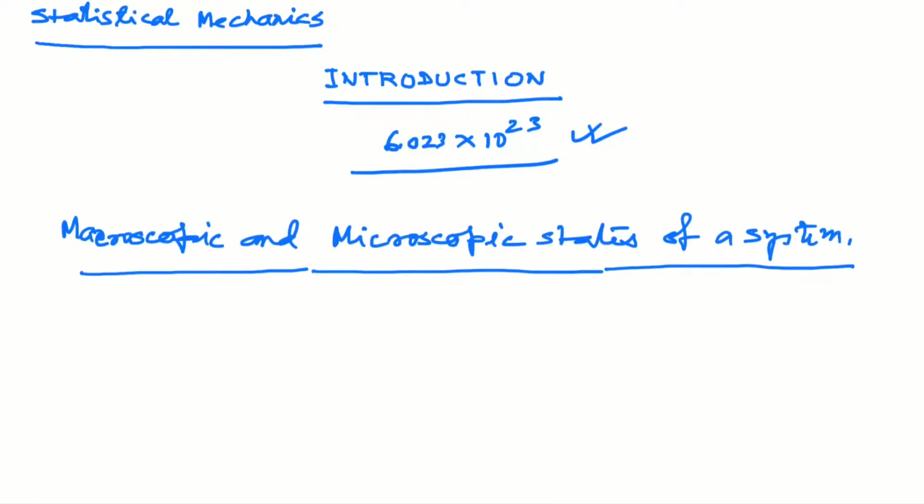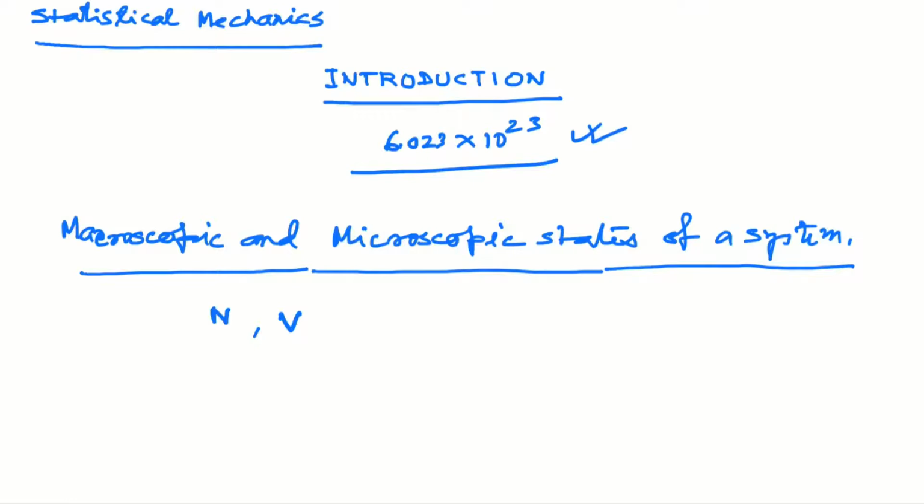Let's discuss macroscopic and microscopic states of a system. Suppose we consider a physical system composed of N, capital N, identical particles confined to a space of volume V. In a typical case, N would be an extremely large number, generally of the order 10 to the power 23.